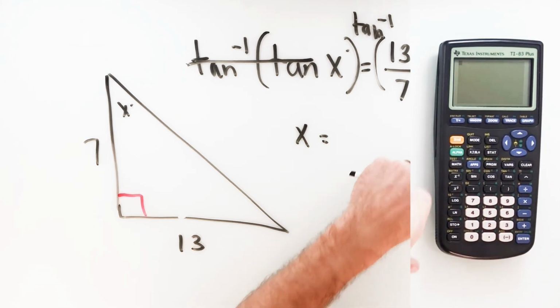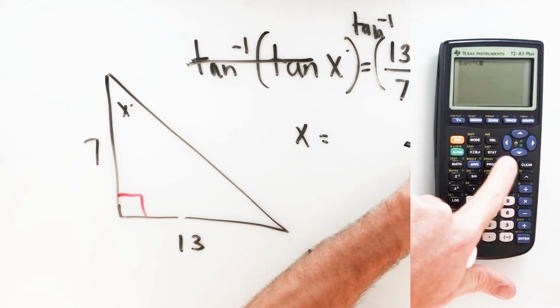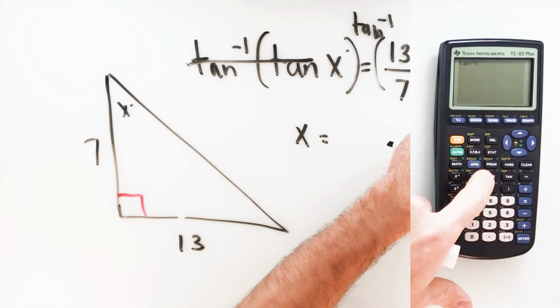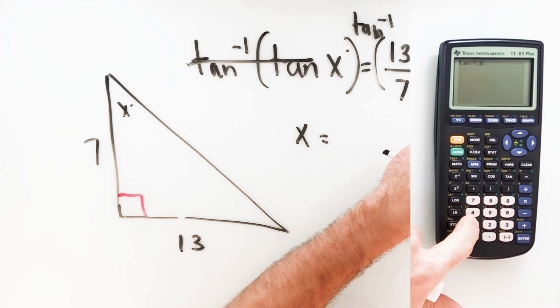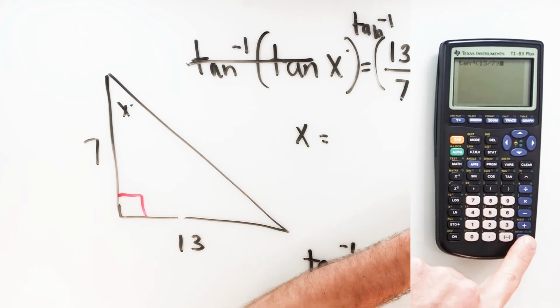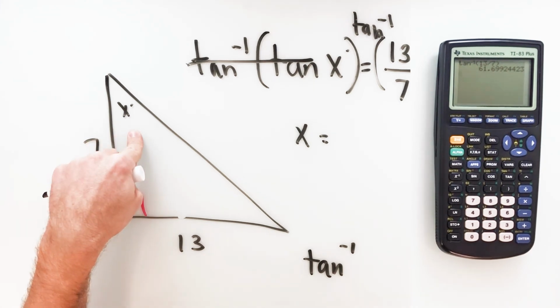Depending on your calculator, it might look a little different, but on mine, I hit the second button and then the tangent button, and that pops up the tangent inverse, tangent with a little negative 1 there. Then I just type in my fraction, 13 divided by 7. That should give me the measure of this angle x.